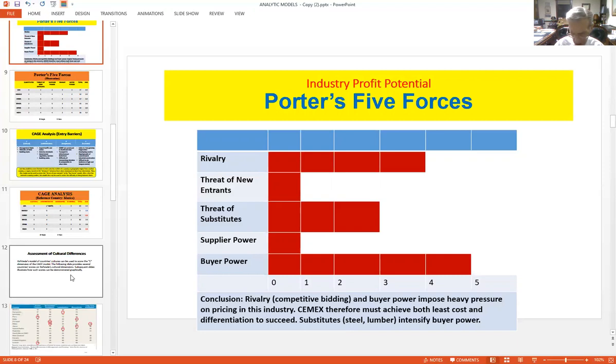Cemex makes cement and concrete and provides contractors with those products. There are some substitutes in that industry, particularly steel and lumber, because structural elements can be made of those products as well as concrete.